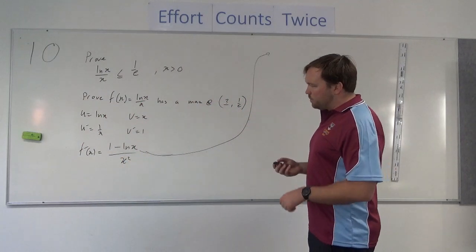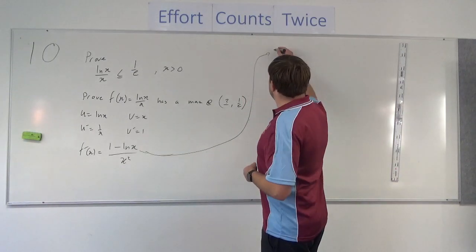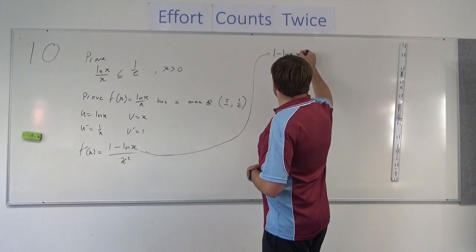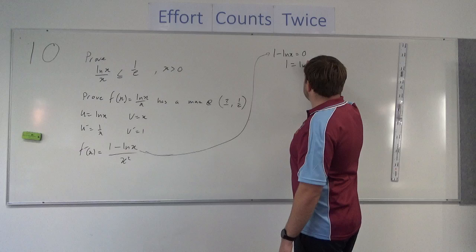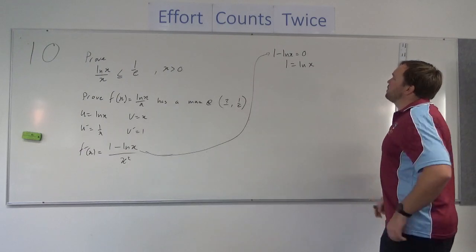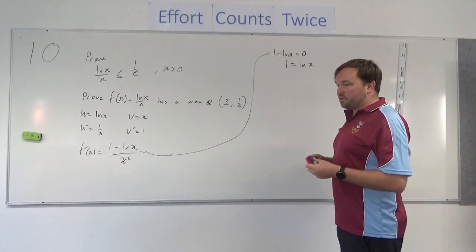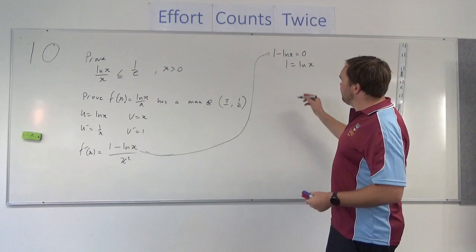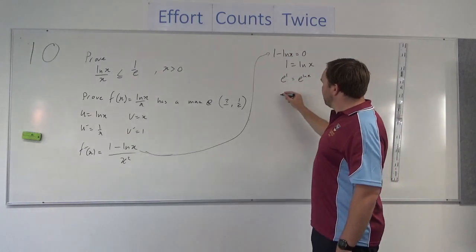What this is saying is this will equal 0 when this is equal to 0 at the top. So therefore, 1 take ln x must equal 0. That's saying 1 equals ln x. ln of what? ln of something gives us 1. Well, you can do the default of raising both sides to the base of e. So e to the 1 equals e to the ln x. e to the 1 equals x.